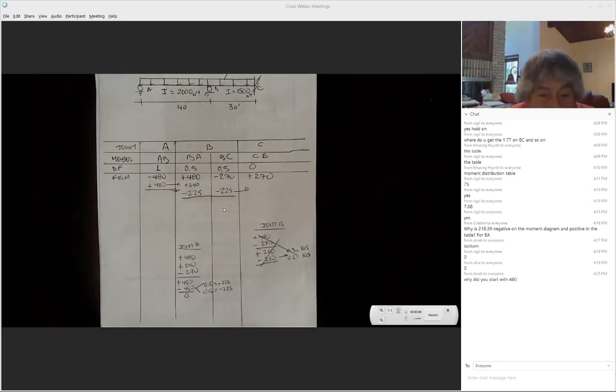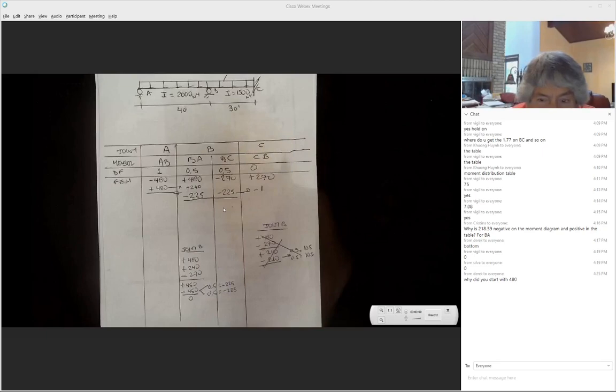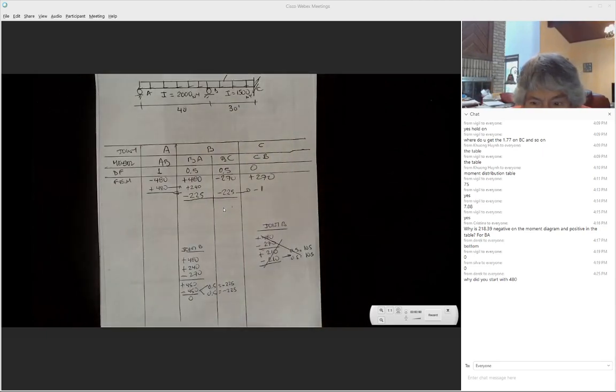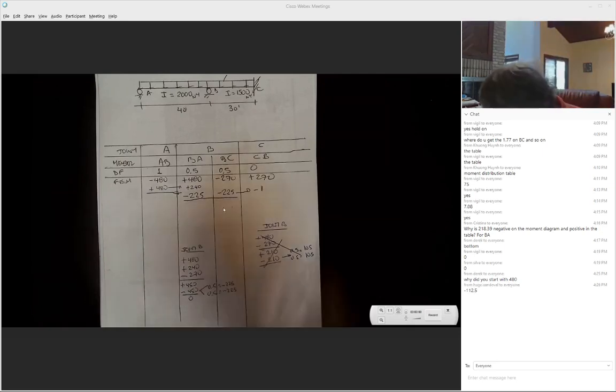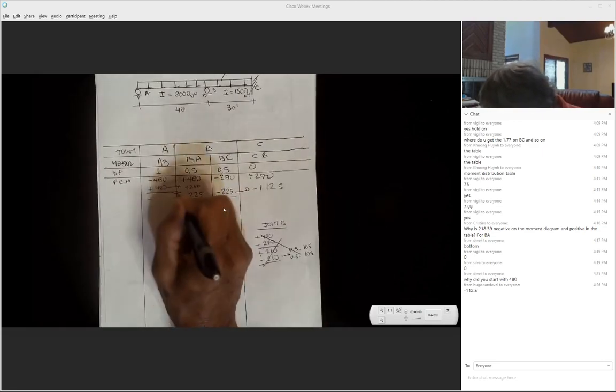So 1/2 across is minus 1 what? Somebody write that, minus 1. Give me the number, I will answer your question. Minus 112.5, 225 times 0.5, 112.5.